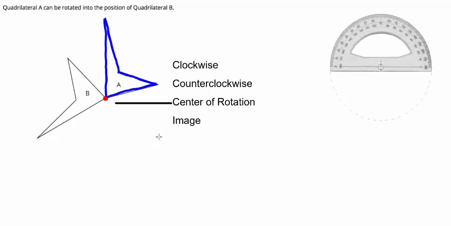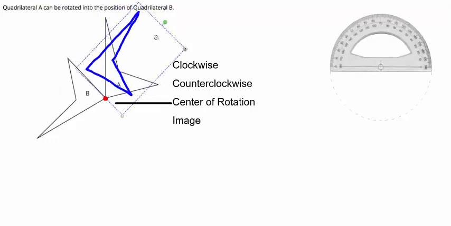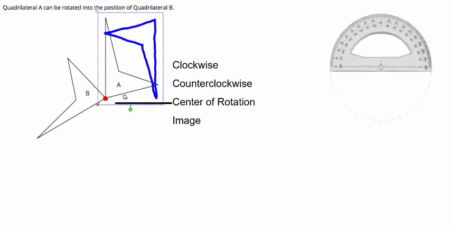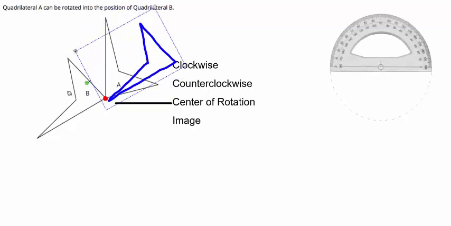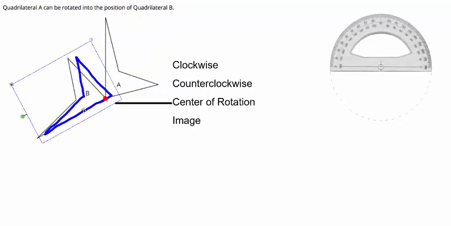And is it rotating clockwise or counterclockwise? Well, we could rotate it around this way, all the way around, or we could rotate it around this way. I could also turn it all the way around like that, and that's rotating clockwise.